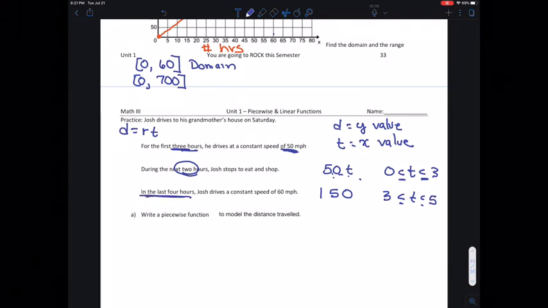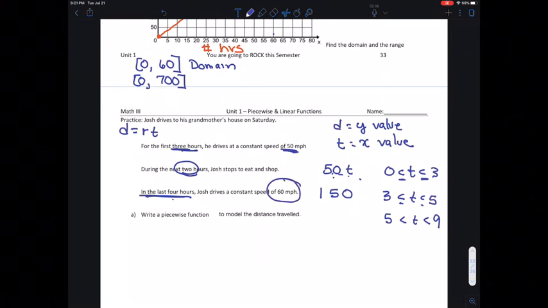And then the last 4 hours, I travel 4 more hours, so that's going to be from 5 to 9. And this time I'm traveling 60 miles per hour. But remember, like we said before, we have to subtract the amount of time that we've traveled.